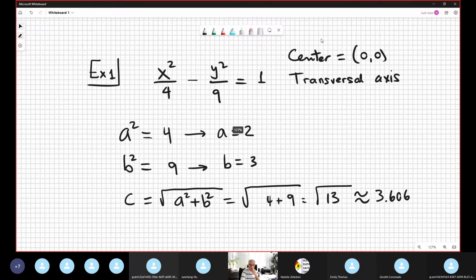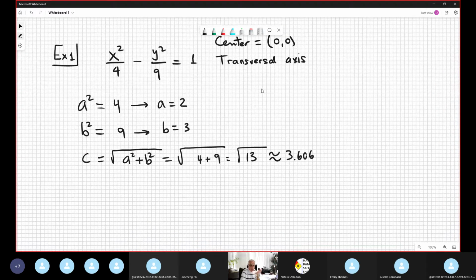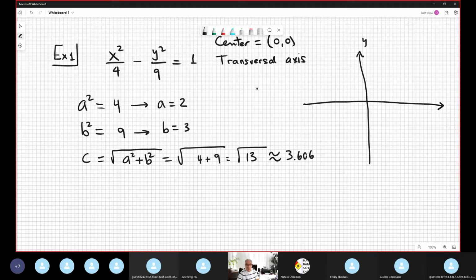Okay, what more information do we need? We need the vertex. Okay, roughly sketch. Our hyperbola somehow looks like that because the transverse axis in this case coincides with the x-axis, and this distance is 2 in this example.